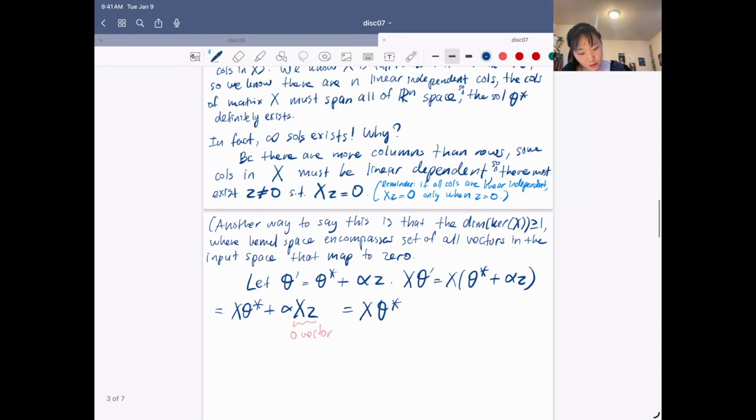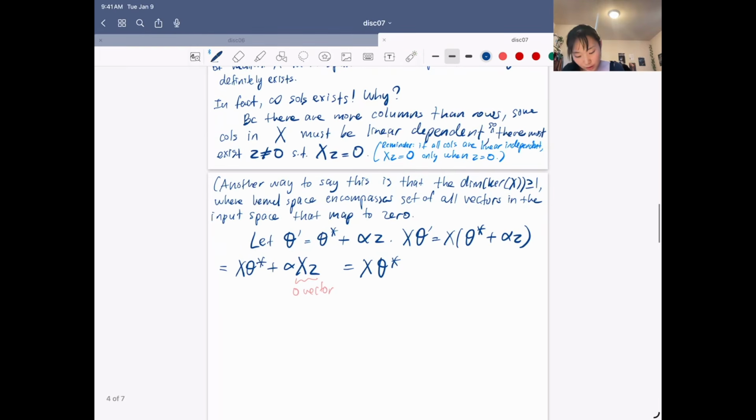And so we've literally just shown that if we create a new theta prime that's theta star plus a vector in our kernel space, a vector that maps to 0, then X theta prime ends up just equaling X theta star.